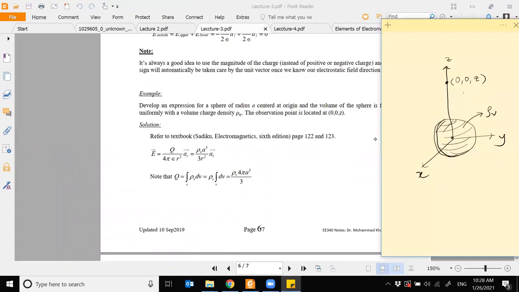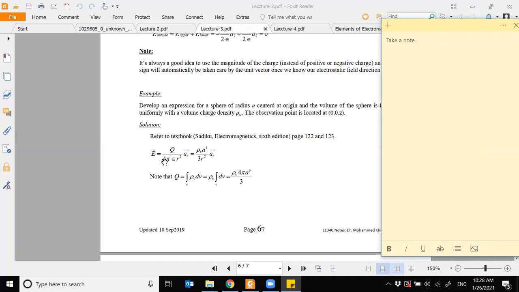Now, does this expression remind you of something? Yes, this is the electric field equation, Q over 4 pi epsilon R square aR.